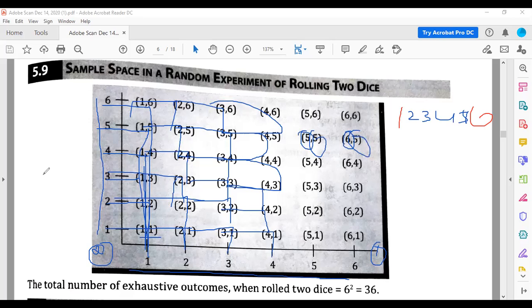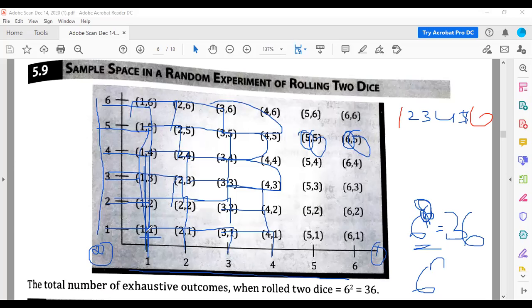So what is the total number of possibilities? It is 6 to the power n. We have 2 dice, so 6 to the power 2, which is 36 exhaustive outcomes.